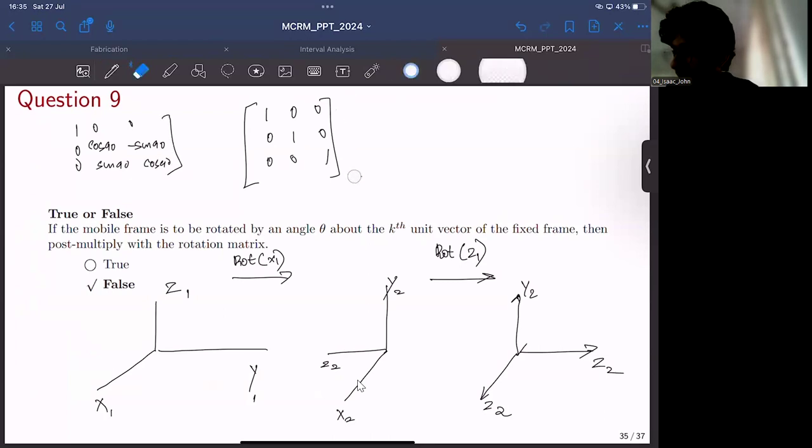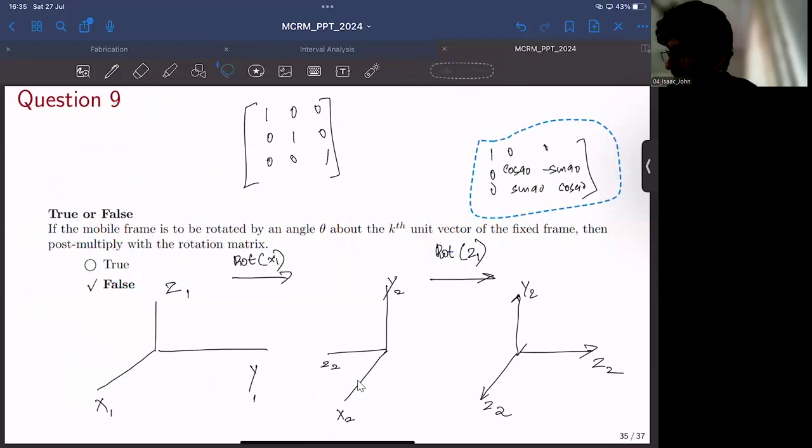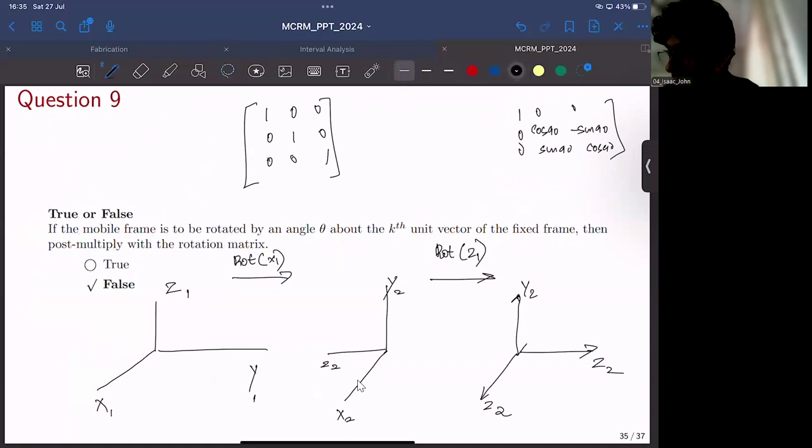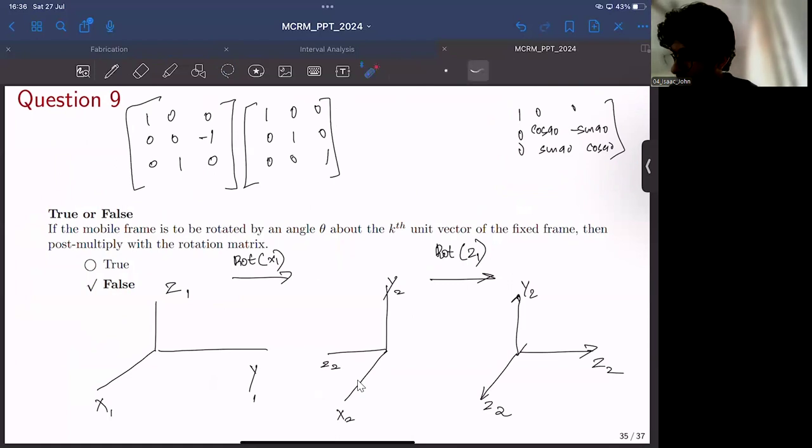Since we are rotating with respect to the fixed frame of reference, we have to pre-multiply that with the original identity matrix. So that will be 1, 0, 0, 0, cos 90 would be 0, minus sine 90 would be minus 1, then 0, sine 90 would be 1, cos 90 would be 0. Then again, we are rotating with respect to the fixed Z1 axis.